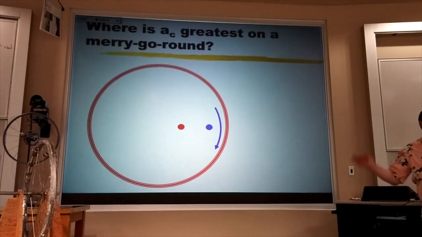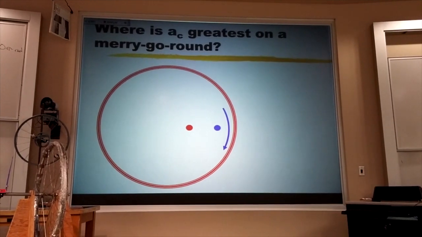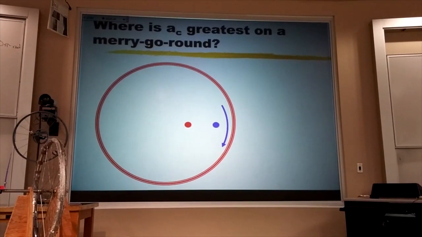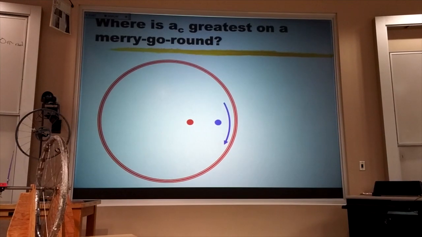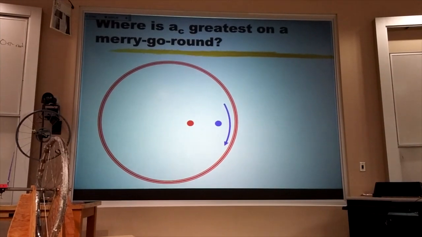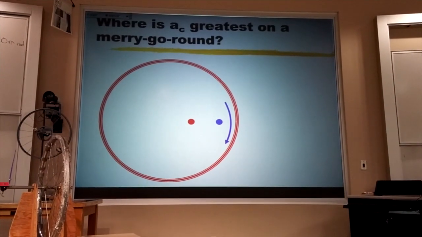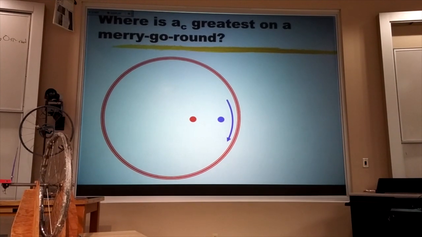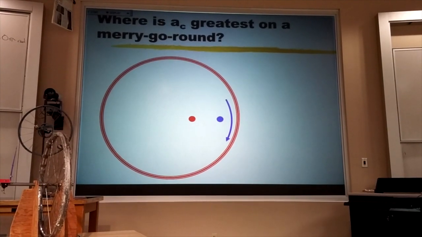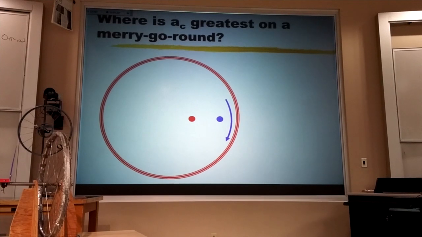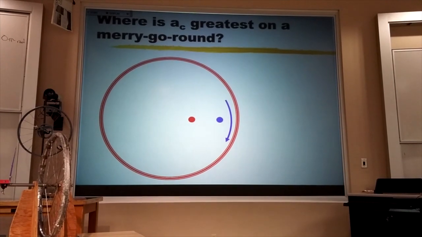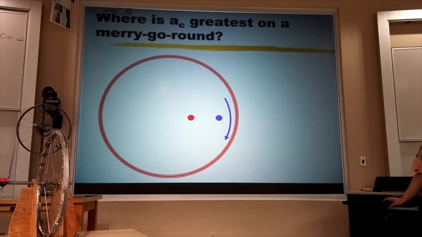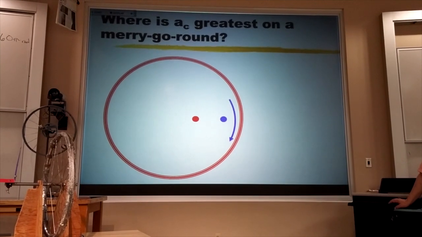Let's move on. Suppose that you're looking down at a merry-go-round. You're looking from above like a seagull looking for a target. And what you see down there on that merry-go-round is a little red-headed kid and a little blue-headed kid. And the question is, which of those kids experiences the greatest centripetal acceleration?